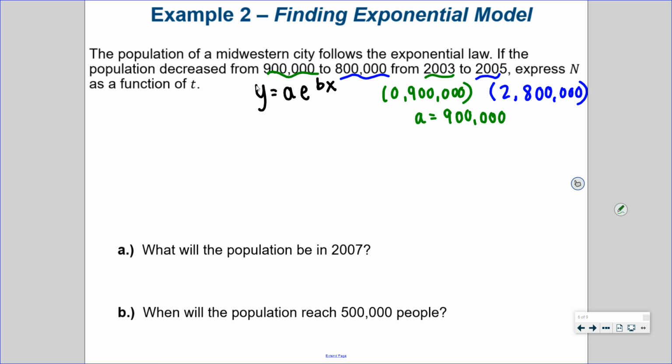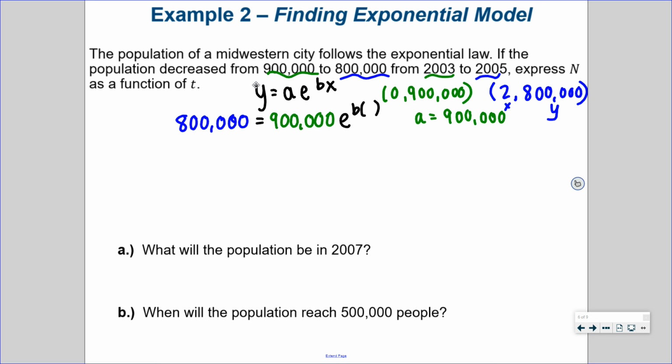So this one you don't have to do all that fancy substitution. We can plug in this point for x and y. So 800,000 equals A, our initial amount is 900,000, times e to the B is what I'm trying to find.